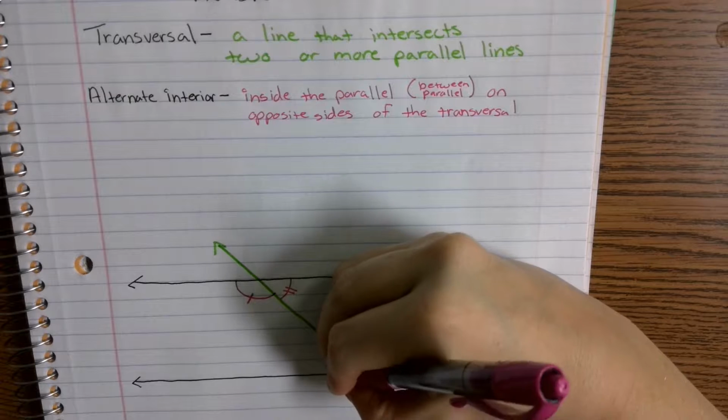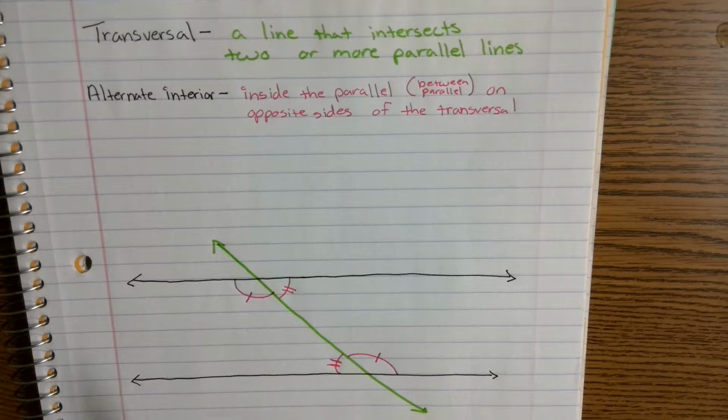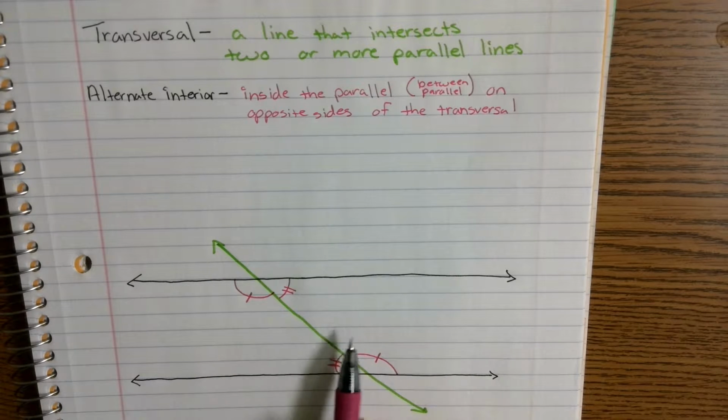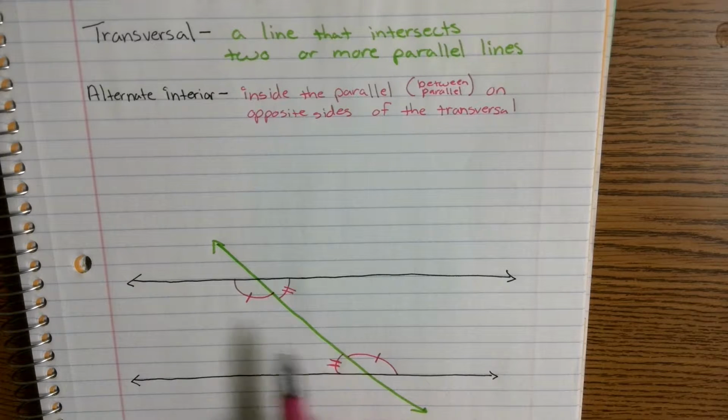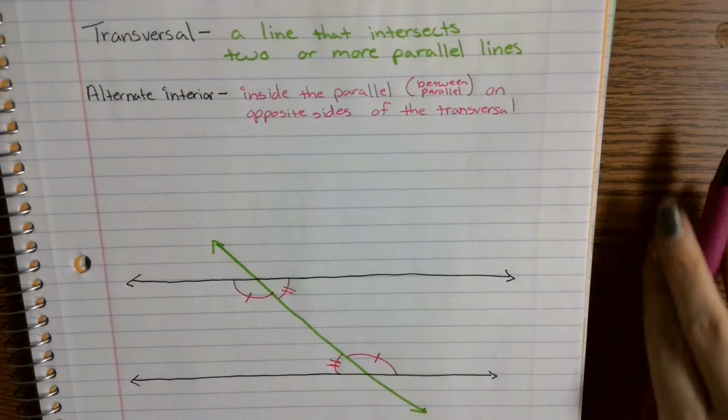So notice that I'm putting different amounts of lines in the angle. So here, when I put a single line, that means that they're congruent to each other. Where I see single lines, that's congruent. Where I see double lines, those are congruent.